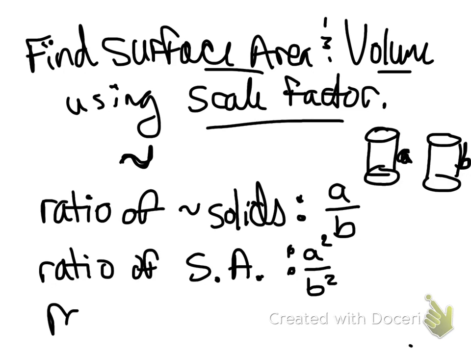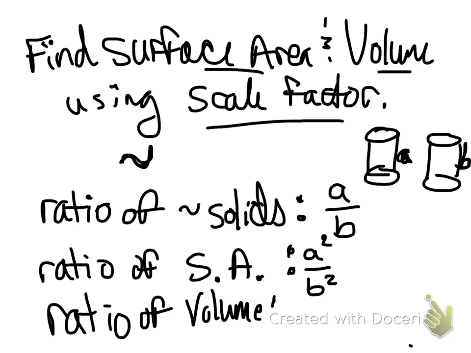Okay, predict, what do you think the ratio of volumes is going to be? Think about it. Write it down. Alright, if the solids is just a over b, surface area is a squared over b squared. Area is always in squared. Volume, your units are always cubed, so it's going to be a cubed over b cubed.